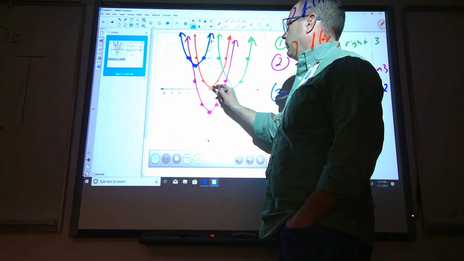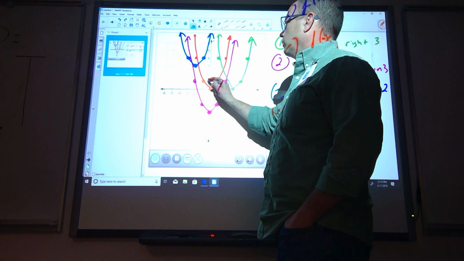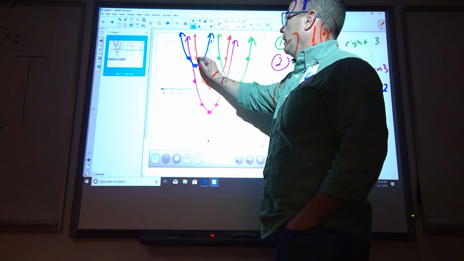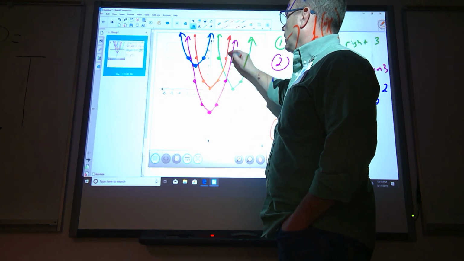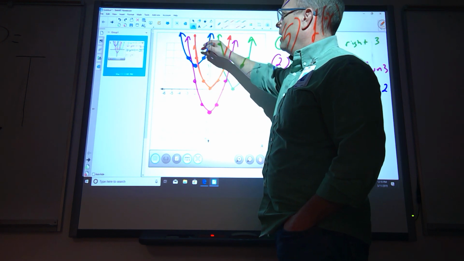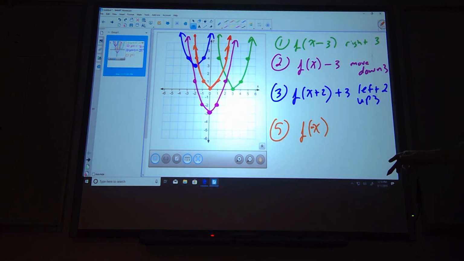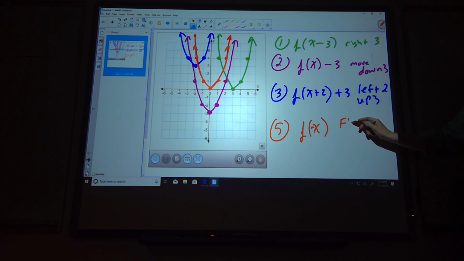This point doesn't shift. This point comes over here. This one comes over here. This one comes over here. This one comes over here. So I can't see it shifting with this one. So this one actually flips all y values to opposite.